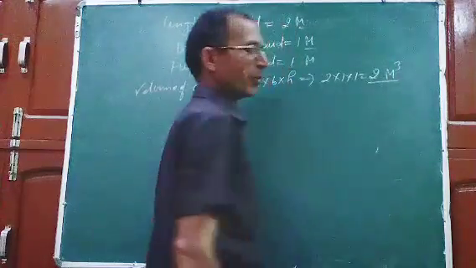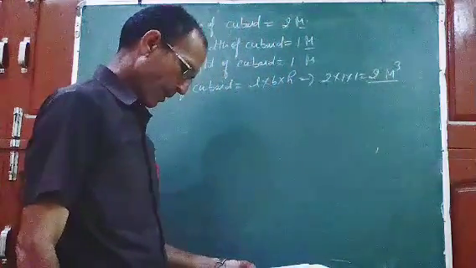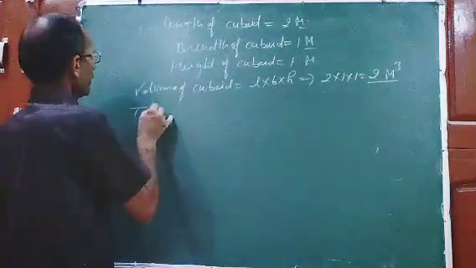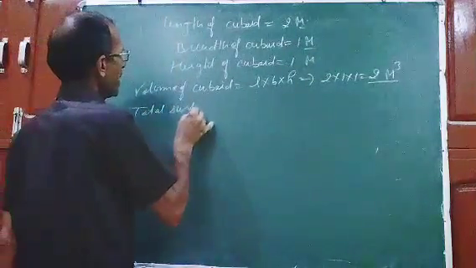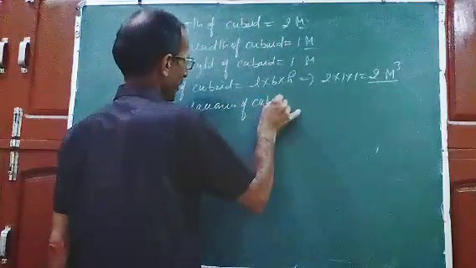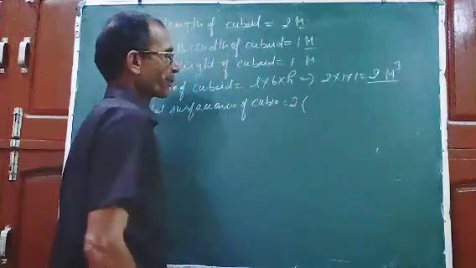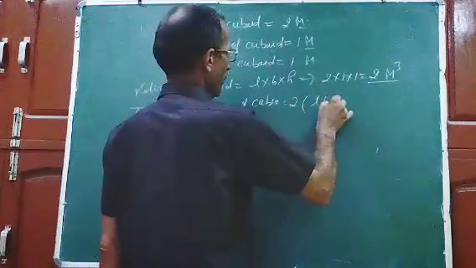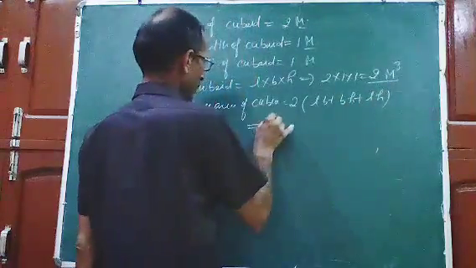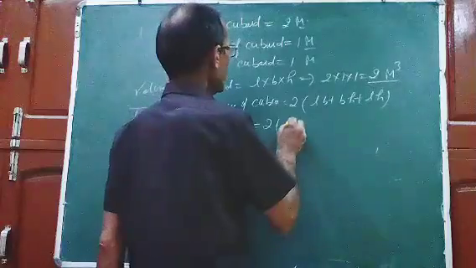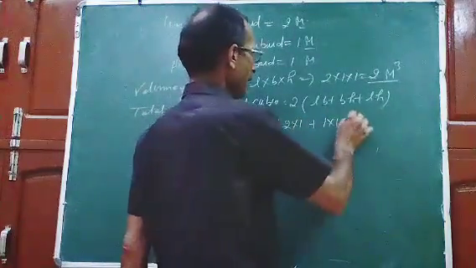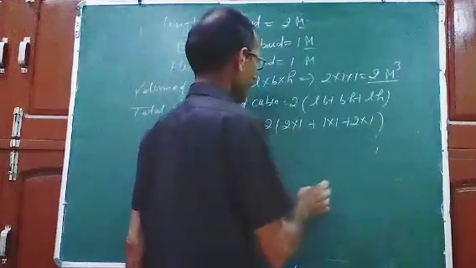Second, total surface area of cuboid is 2 into (LB plus BH plus LH). 2, what is length? 2, what is breadth? 1. 1 multiplied by 1, length is 2 and height is 1.